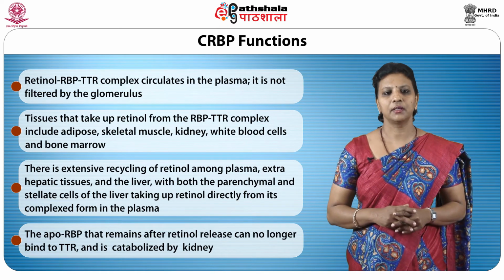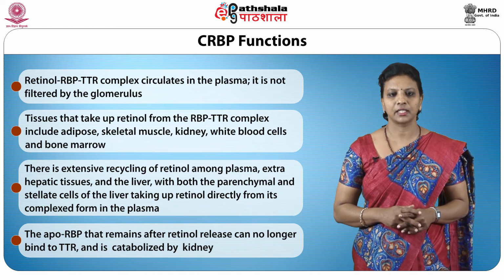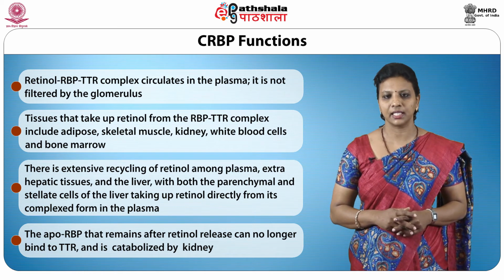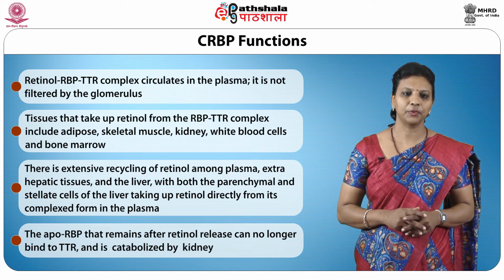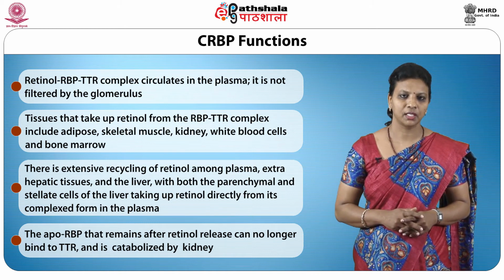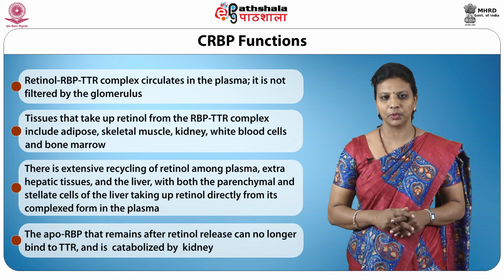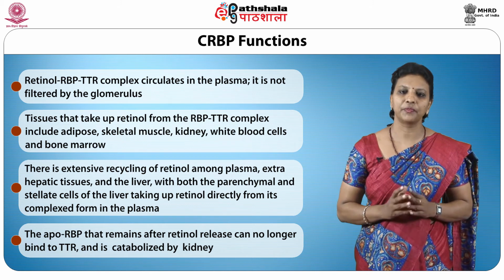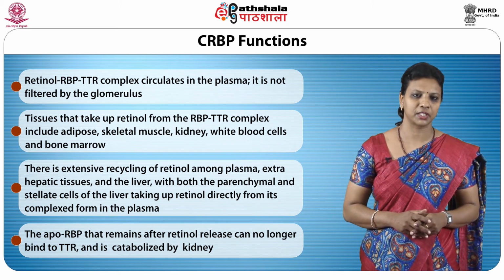The retinol binding protein transthyretin complex circulates in the plasma, delivering the lipophilic retinol to tissues. It is not filtered by the glomerulus. Its large size prevents its loss through kidney filtration.